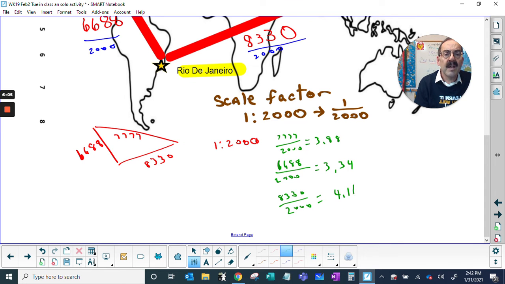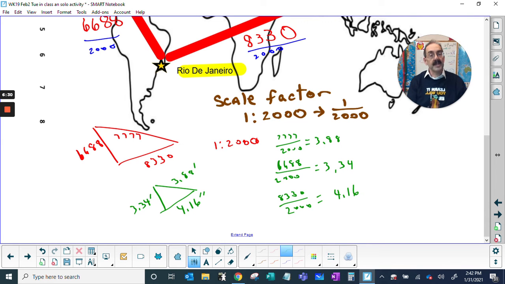Okay, so now if we go to a sheet of paper and draw a similar triangle, our measurements are going to be 3.88 inches, 3.34 inches, and 4.16 inches. The key to success is the scale factor, okay?